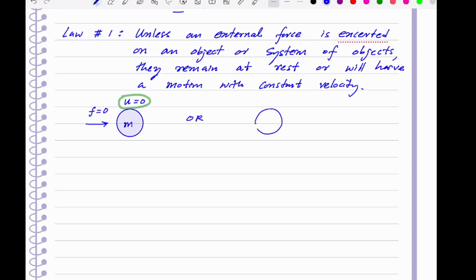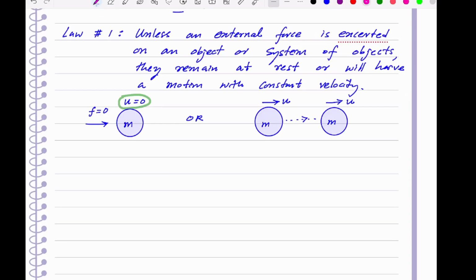Or you have a mass. From birth of the mass, you can think in that way, this mass has a speed u, right? So now this is moving. When this is moving in this direction, it comes to this situation. Now what this law says, the speed is still u.